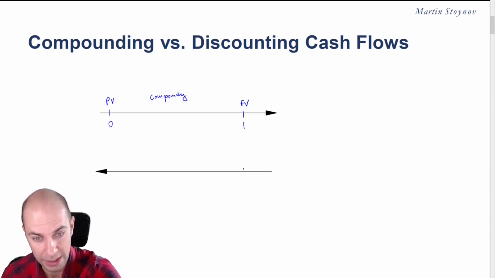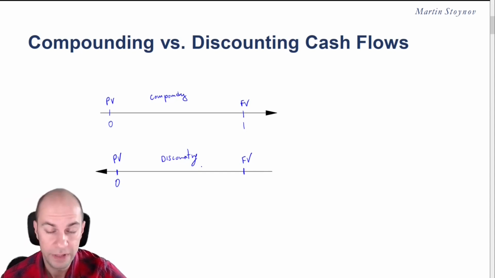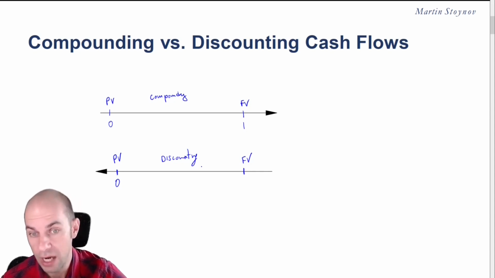In this case, I am starting with a future value and I want to go back to time 0. I want to go back to my present value. This is the process of discounting. As an example of that, perhaps we can think about what you require as a retirement pension pot.